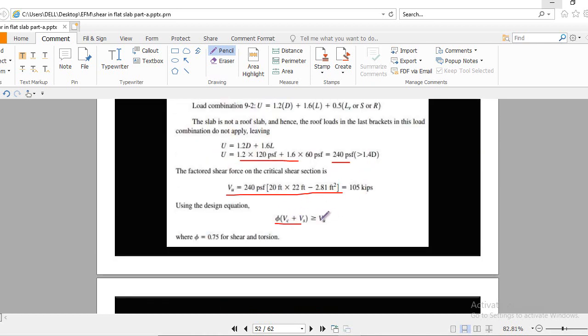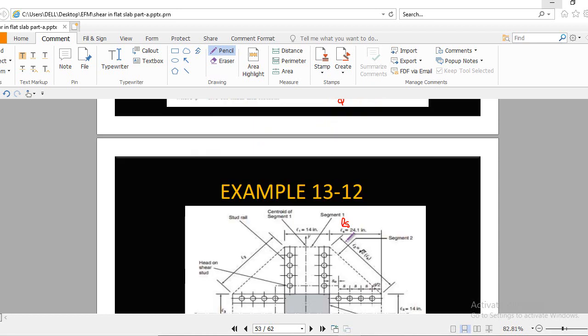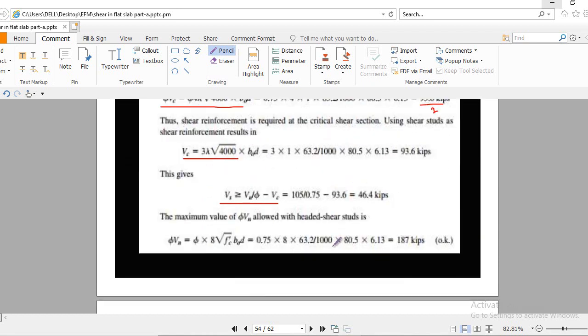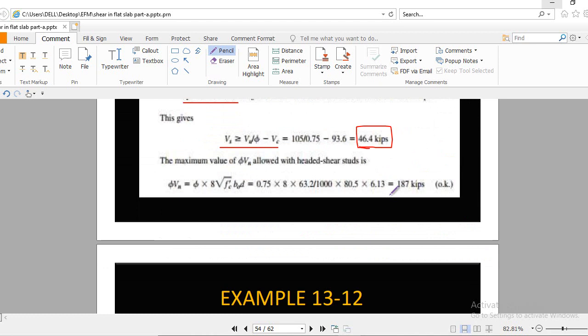This is simple: Vu minus Vc, divided by phi, and from that we calculated our Vs as 46.4 kips.